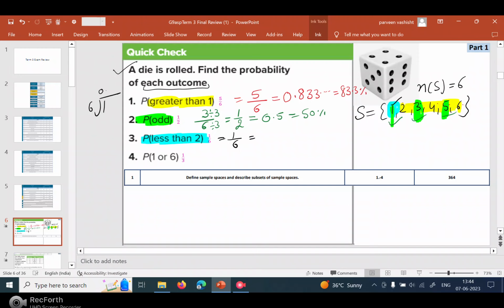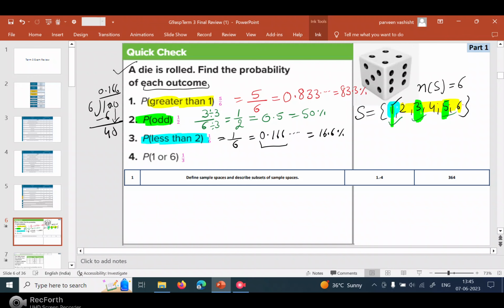If it is allowed, then you can calculate it. It will be 0.166 and so on. If it is in decimal, it will be 0.166, or if it is in percentage, it will be 16.6%.